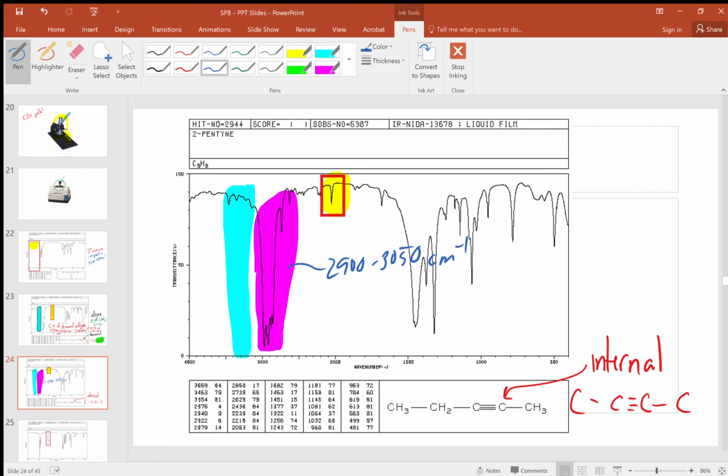We haven't really paid attention to those. The reason for that is those are carbon-hydrogen single bonds. And if you think about what that means, every organic molecule has carbon-hydrogen single bonds. So we get a peak in that 2,900 range in just about every spectrum, and it's not terribly significant to us.